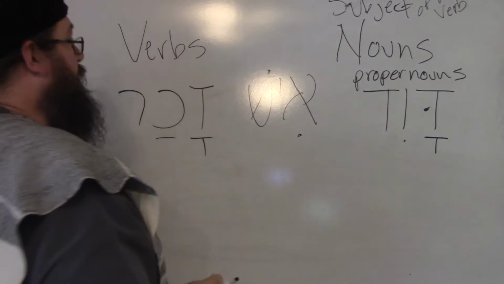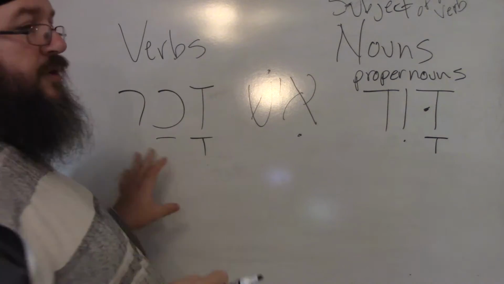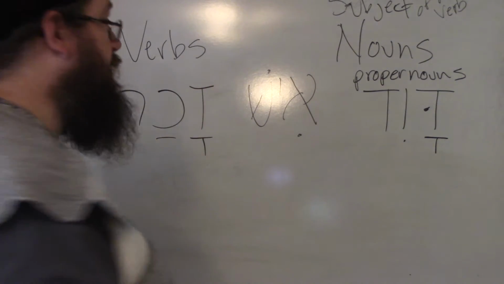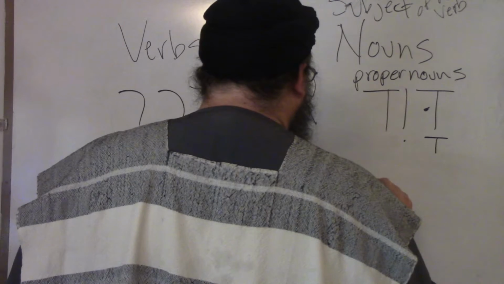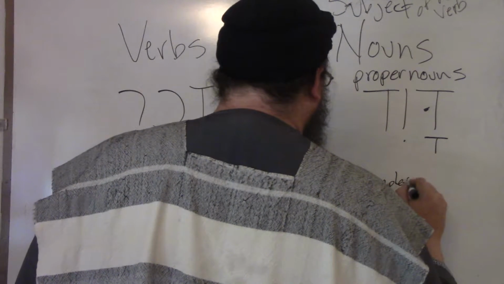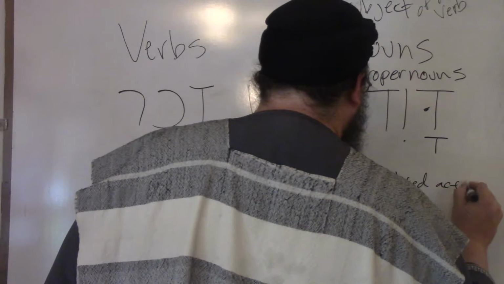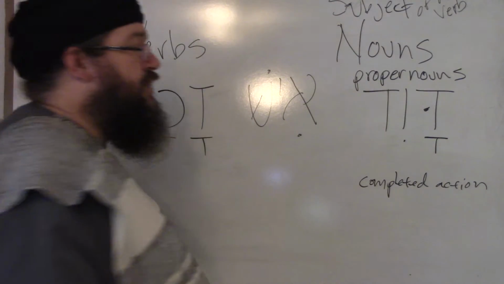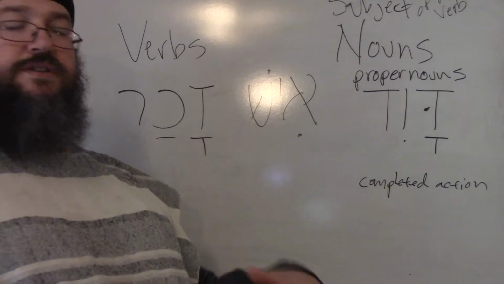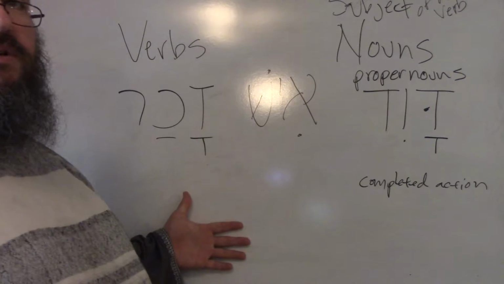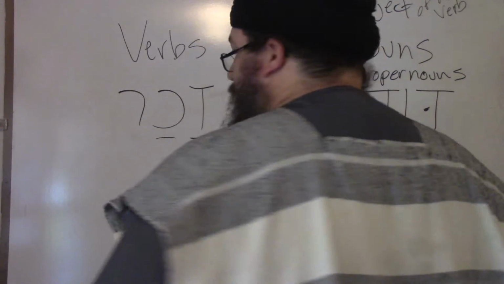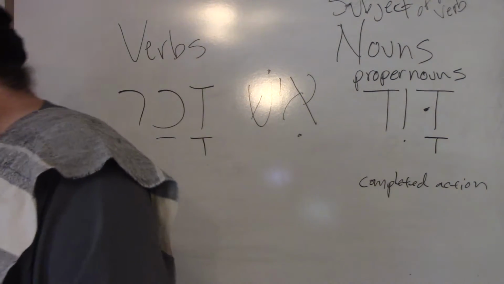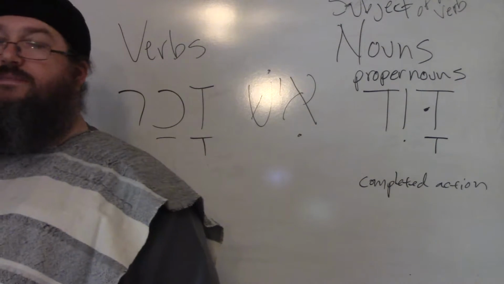In Hebrew, the past tense form is literally considered completed action, okay? So that completed action means that the action obviously has been finished. It's something that's been performed, okay? However, there's a lot of things that we have to understand about how it can be translated, okay?